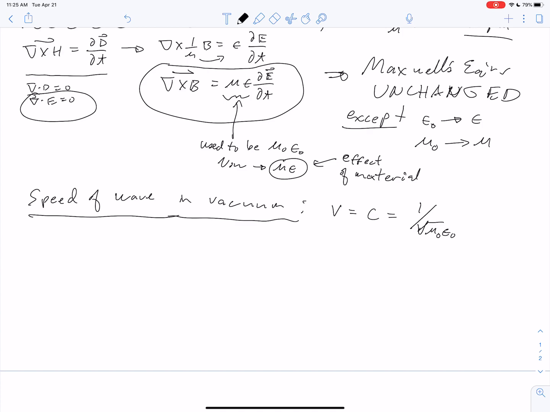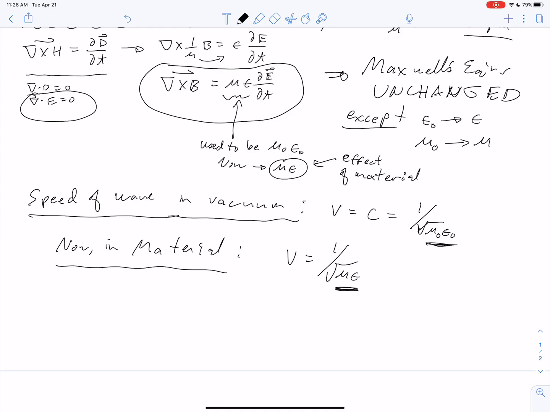But now, in a material, it's different. The speed of light changes. Now v is equal to 1 over the square root of mu epsilon, because everywhere in the old equations where I saw mu naught epsilon naught, I replace it with mu and epsilon.